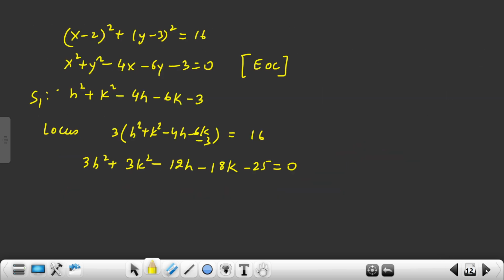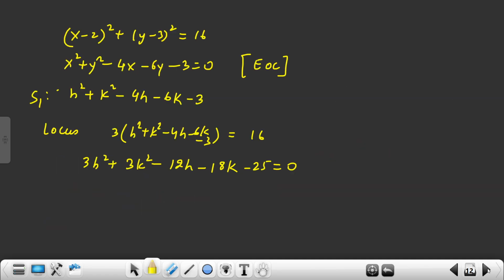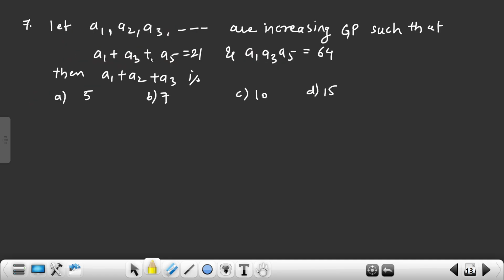Okay, so I think first option is the correct option here. Minus 25. Obviously this is multiplied with 3, so first option is the correct option here. Clear? Now let's move to the next one, 7th.